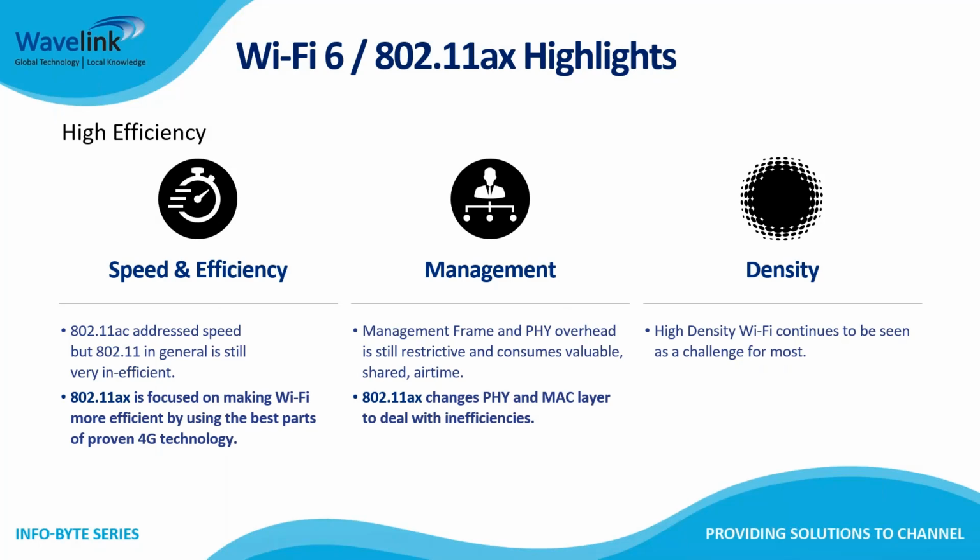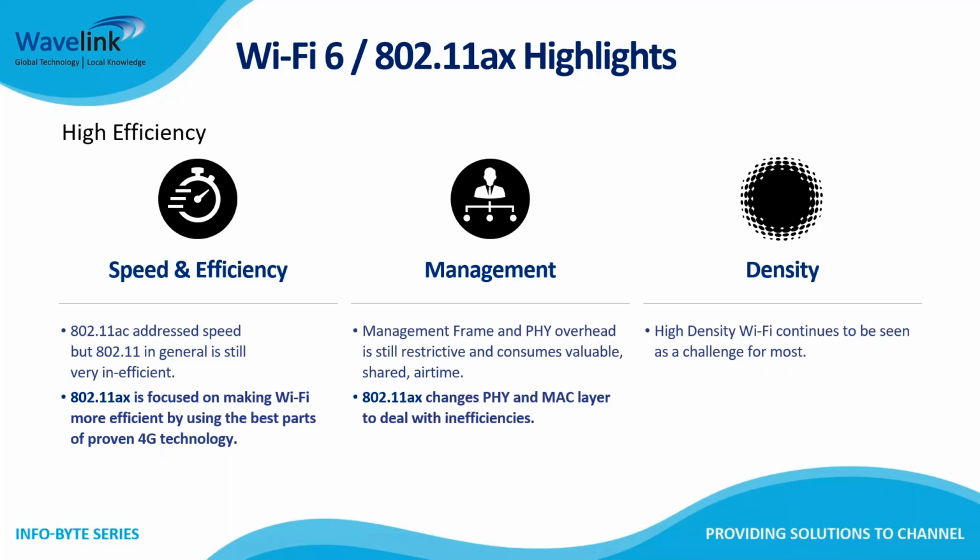So what's 802.11ax going to bring us? As we can see, speed and efficiency is going to be one of the major benefits to Wi-Fi 6 or 802.11ax. It's focusing on being far more efficient, which is fantastic. Management itself, management frames and physical overheads still restrict and consume variables like airtime.